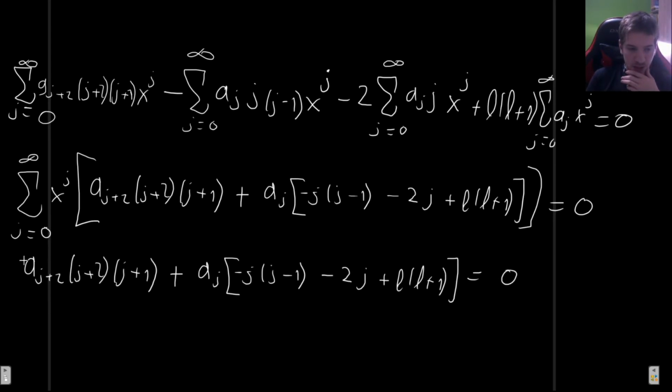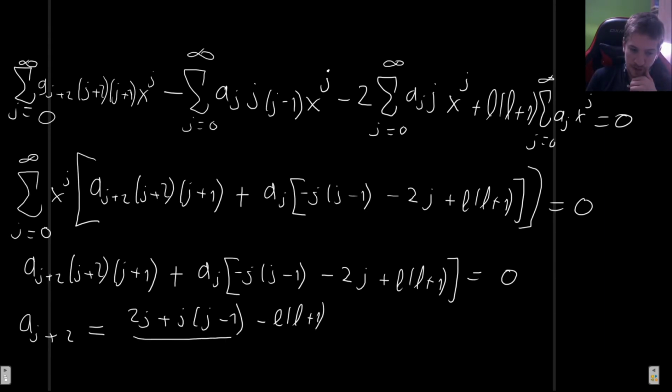From that, we can now determine a_(j+2), which is our goal in the power series method. So we put this on the left-hand side, and this will be positive: we get 2j plus j times (j minus 1) minus l(l plus 1), divided by (j+2)(j+1), multiplied by a_j.